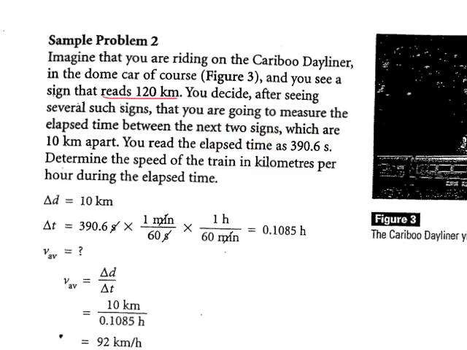Those two signs are 10 kilometers apart. You read the elapsed time as 390.6 seconds. So determine the speed of the train in kilometers per hour during the elapsed time. So delta D equals 10 kilometers because that's the distance between the two signs.